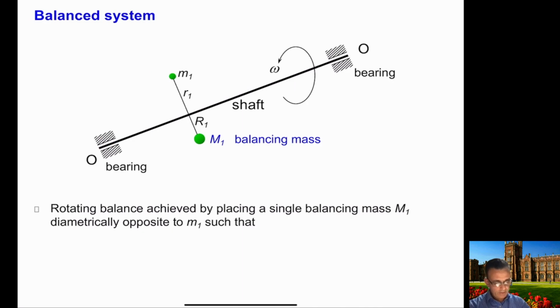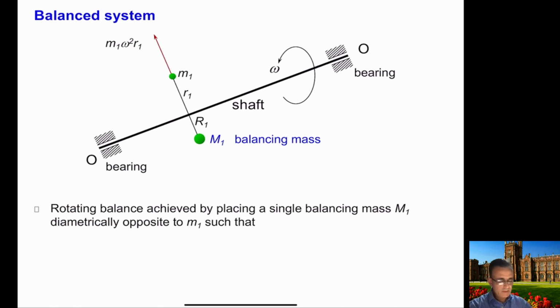Okay, so now we want to balance this system here. The rotating balance is achieved by placing a single balancing mass M1 diametrically opposite to M1. So as you can see in this figure here, you have M1 and R1, which was the original out of balance mass, and the distance was this, and then this is the centrifugal force M1 omega square R1.